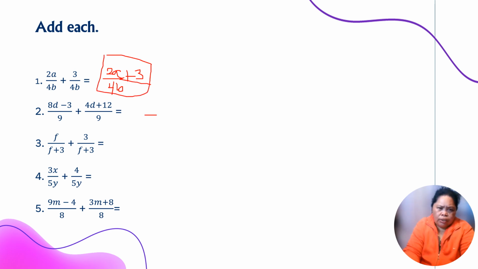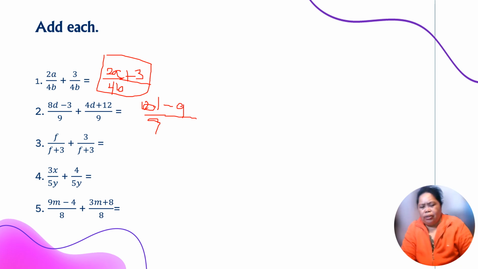Here the common is 9. Okay, 9 is the common factor. So we have 4d plus 8d, that's 12d. Then 12 minus 3, that is 9.